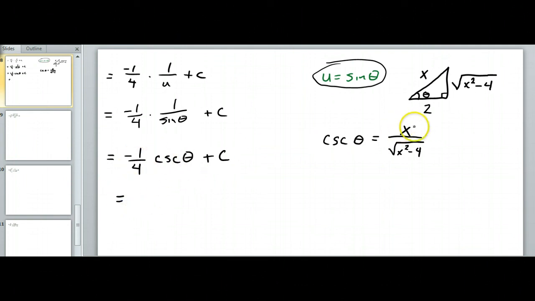Substituting cosecant in right here, I get negative x over 4 times the square root of x squared minus 4 plus c. Alright, so there is our antiderivative back in terms of x.